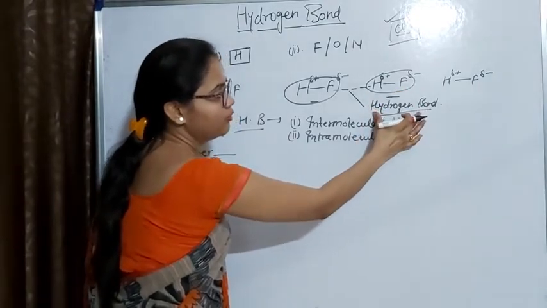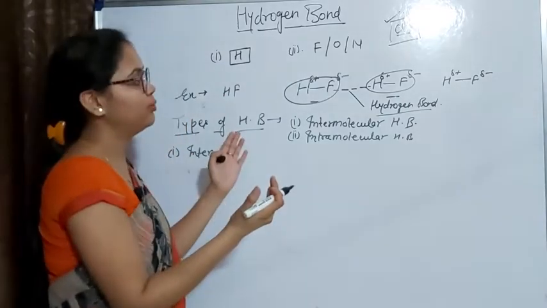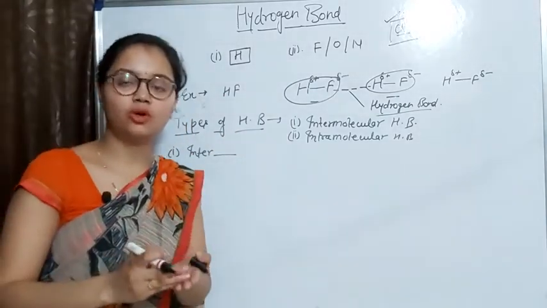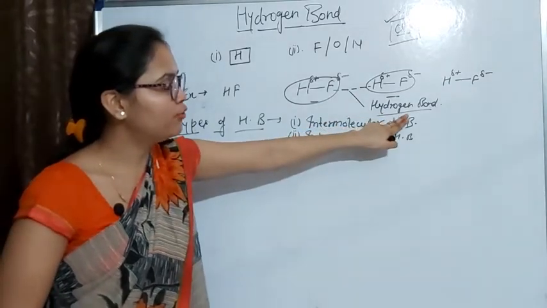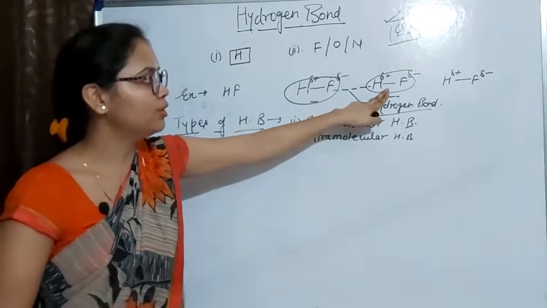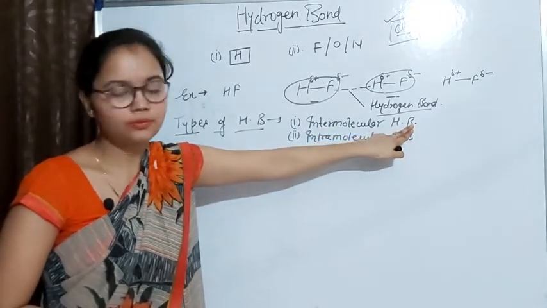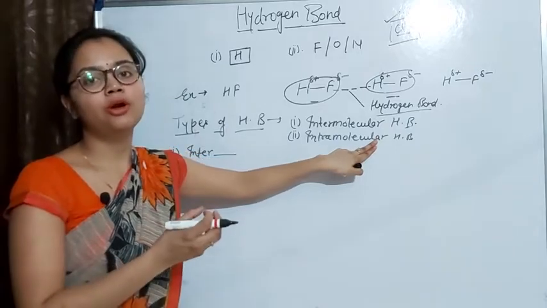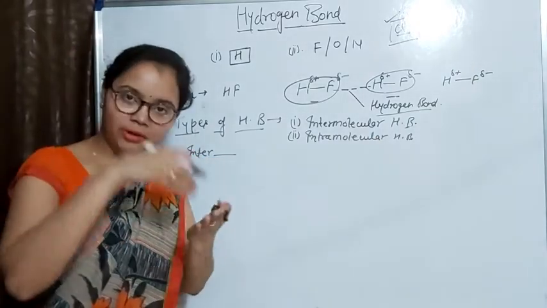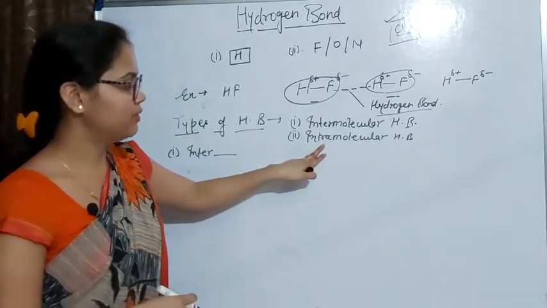These two different molecules can be of the same substance or of different substances. When the hydrogen bond forms between two different molecules, it is known as an intermolecular hydrogen bond. Oppositely, an intramolecular hydrogen bond is the bond which forms within the same molecule. We will discuss this later.